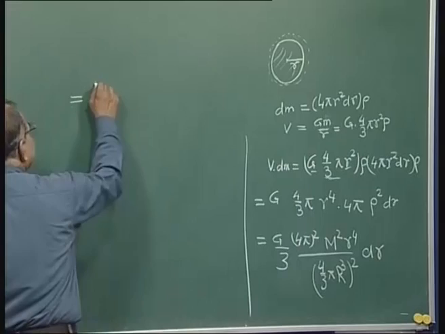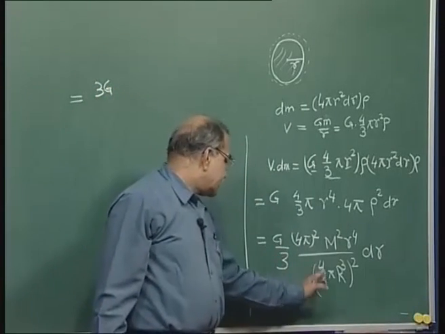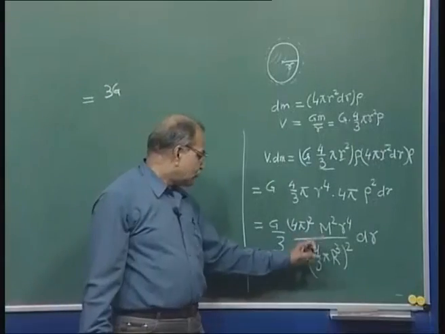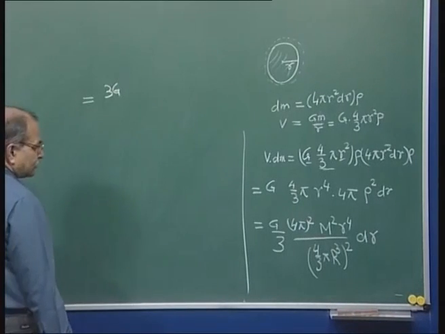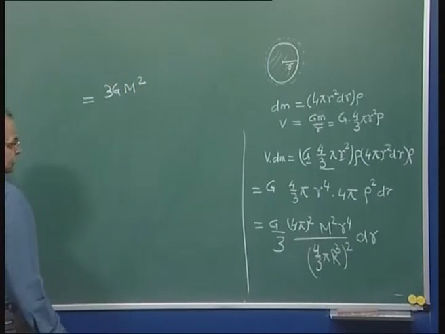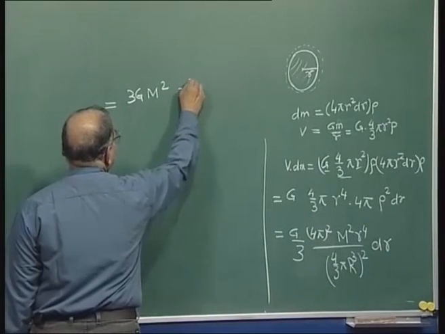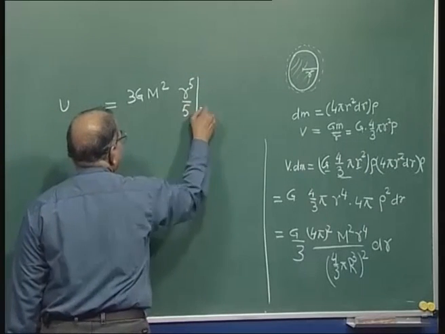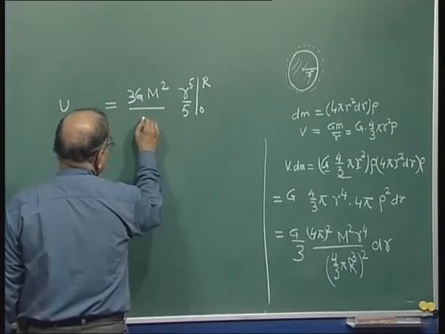So, let me write it, 3 G. This 4 pi square and 4 pi square cancel out, and then what is left? M square, small r to the power 5 by 5, I am integrating now, okay, r 5 by 5 from 0 to capital R, and in the denominator R to the power 6.